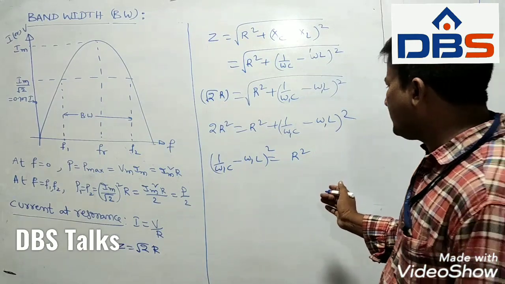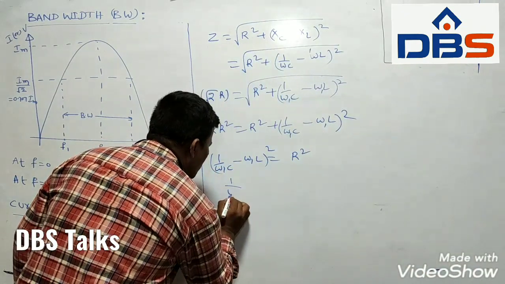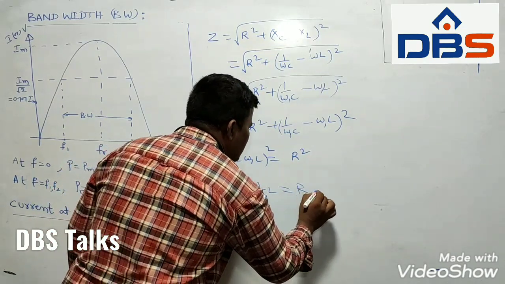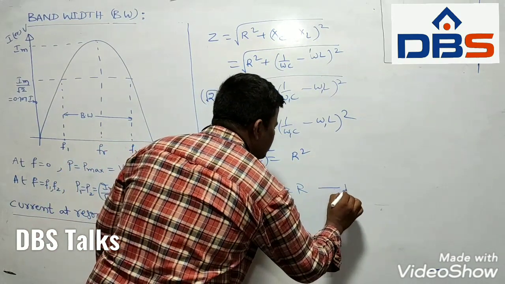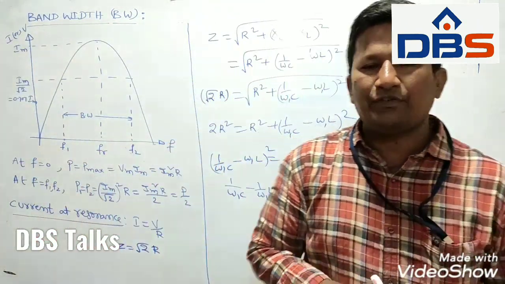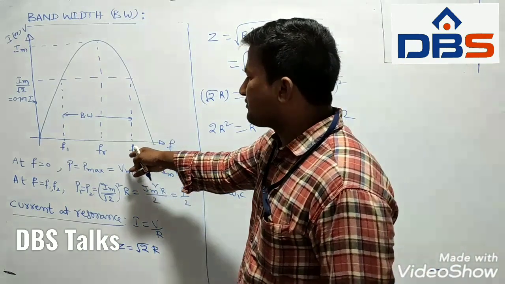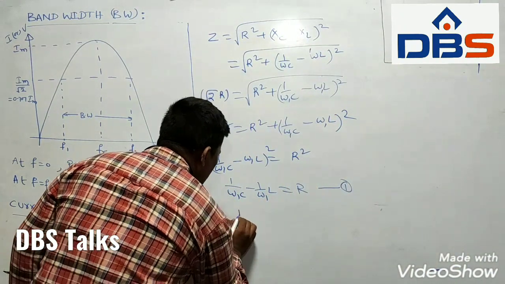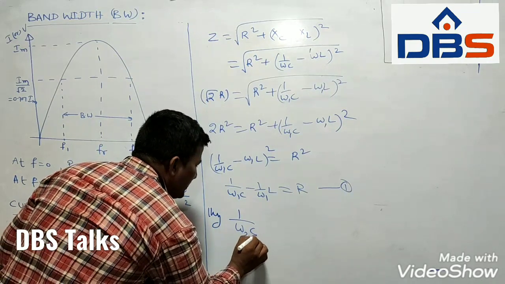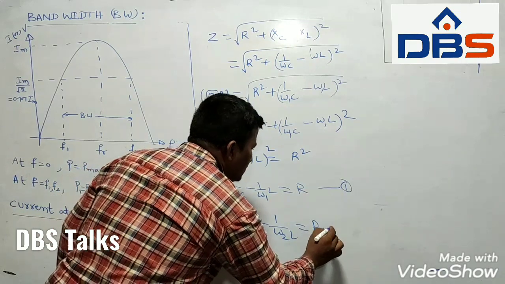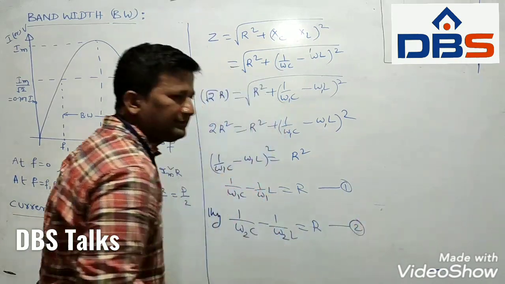Therefore 1 by omega 1C minus omega 1L equals R, that is equation 1. Similarly, at the other cutoff frequency, that is the higher cutoff frequency, 1 by omega 2C minus omega 2L equals R. So this is the second equation.